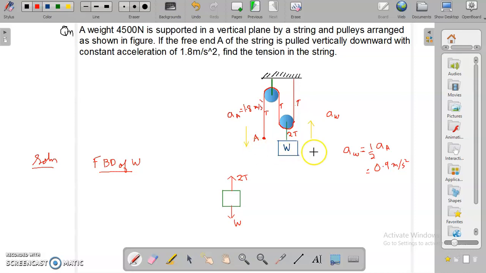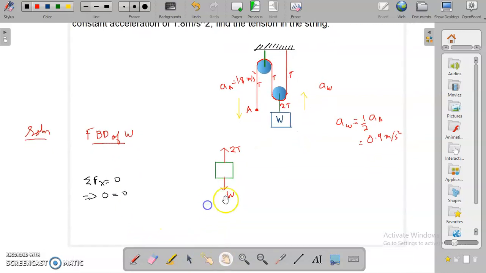Since there is no motion in the x direction, sigma Fx equal to 0, so 0 equal to 0. Now the motion is upwards.